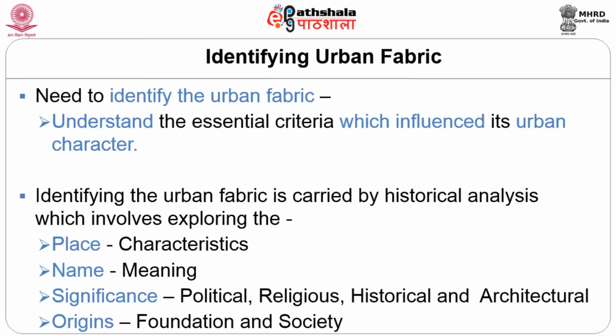It can be a political, religious, historical, or architectural significance. And the other one is the origin. Origin is nothing but the foundation and the society. So, looking into the place, the name of the place, the significance that place holds, and the origin of the place, all these 4 criteria will help us in identifying the urban fabric of a town or a city.